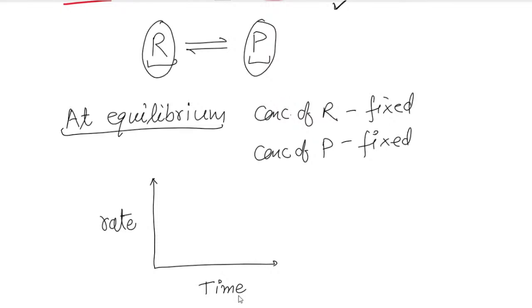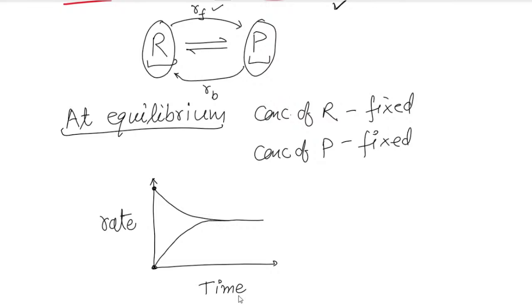So with the time, what happened? The forward reaction, this is forward reaction and this is backward reaction. With the passage of time, rate of forward reaction goes on decreasing and rate of backward reaction goes on increasing. See, it is like this: rate of forward reaction, rate of backward reaction.